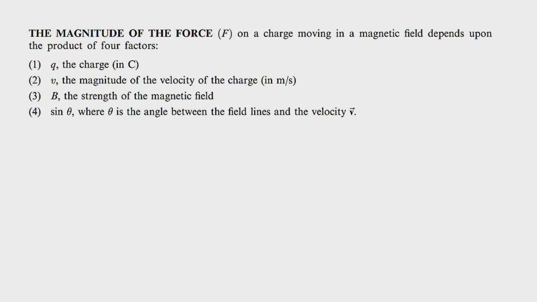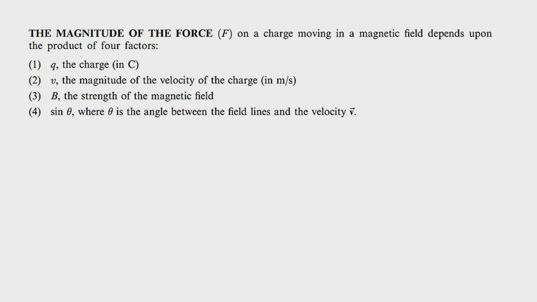The magnitude of the force, which is given by the symbol capital letter F, is the force experienced by the moving charge in a magnetic field. The magnitude of this force is dependent on the product of four factors.